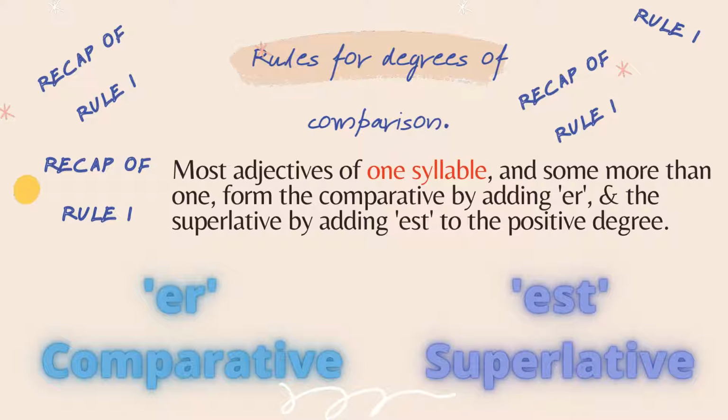So before going into rule 4, we'll just have a recap of rule 1, 2 and 3. So the rule 1 is for one syllable words like kind, smart, which makes a single sound when pronounced. For those words, add ER for comparative and EST for superlative.